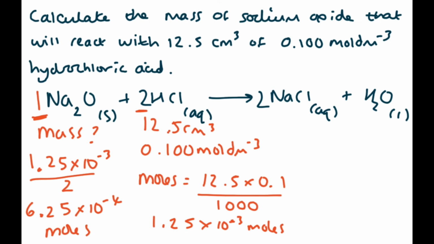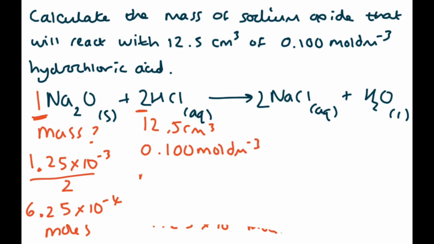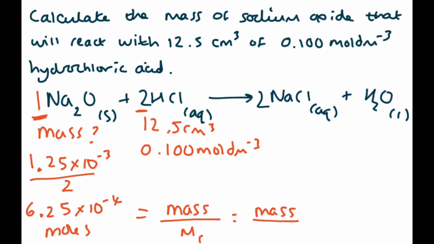Now that we've got the moles of sodium oxide, we can work out the mass of sodium oxide, because moles equals mass in grams over the Mr. The Mr of sodium oxide is 62, and therefore we need to take the 62 up and times it because it's dividing.